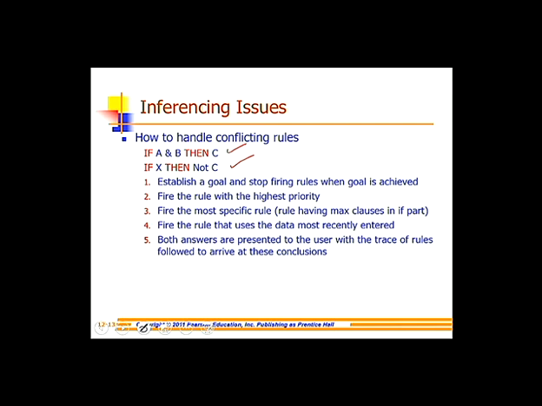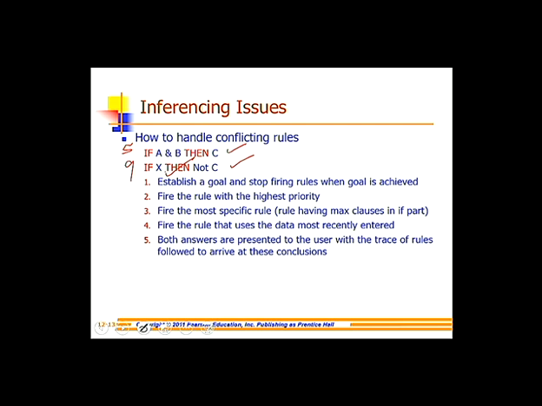In rule-based systems, in expert systems, we can also attach a priority with all the rules. Let's say I attach a priority from 1 to 10. 10 is the highest priority, 1 is the least priority. So let's say the priority of rule 1 is 5 and the priority of rule 2 is 9. So now in this case, this rule is more trustworthy because it has a higher priority.